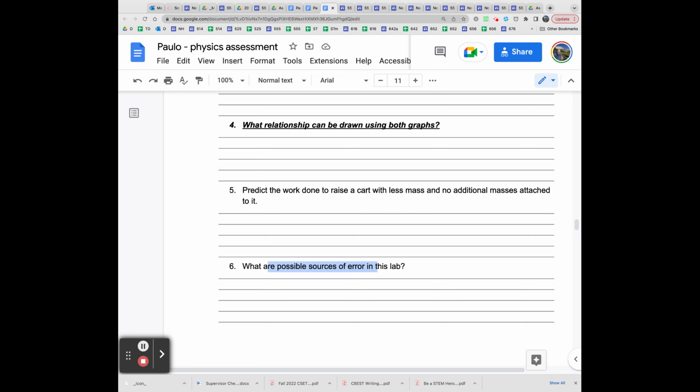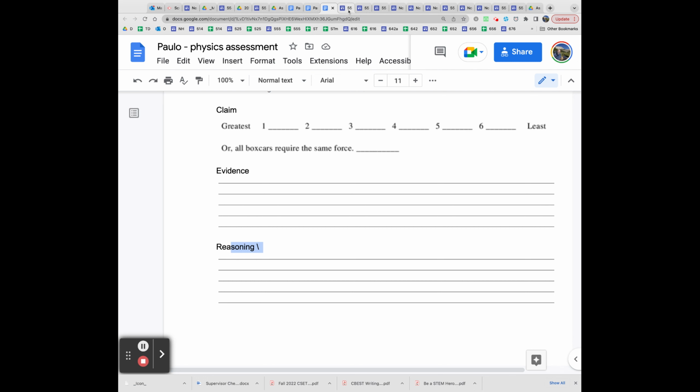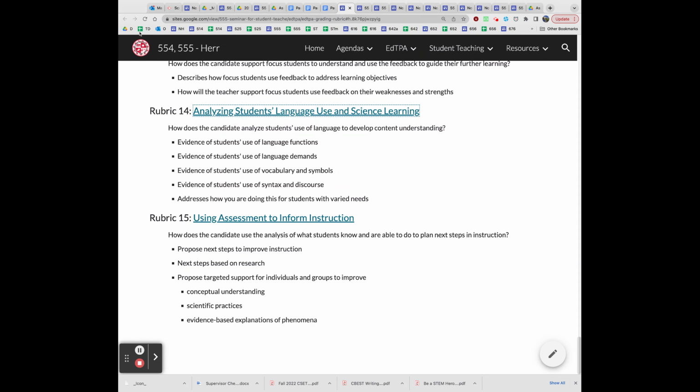So that's again part of the requirement for this particular assessment: in the second video, they need to be able to show that they're developing explanations that are based upon evidence, and they have to use scientific reasoning. So these are all examples that come forward from Paulo's.